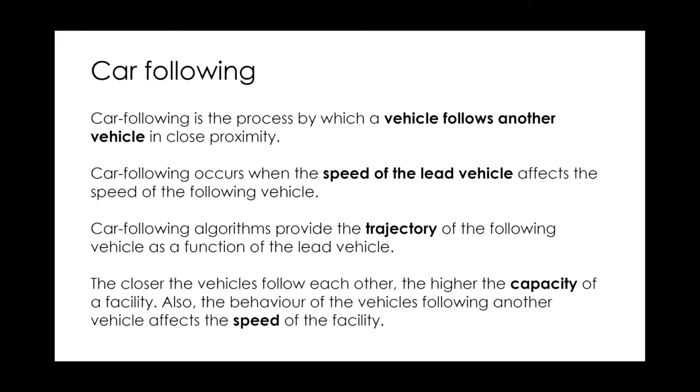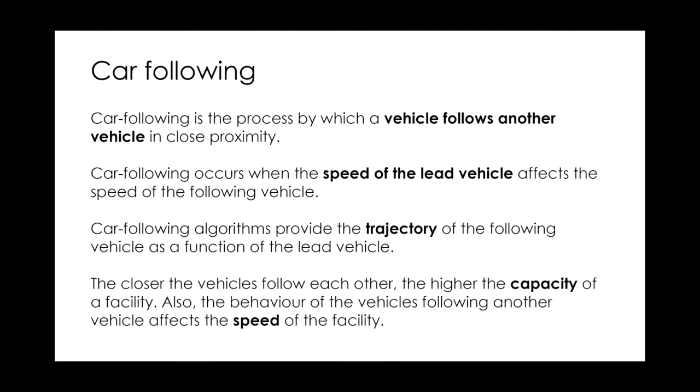We have a lead vehicle and a follower vehicle, and the speed of the follower vehicle, the acceleration of the follower vehicle, whether the driver pushes the brake or not, depends on how the lead vehicle behaves. If they're getting very close together, the follower vehicle may slow down. If the lead vehicle is accelerating, the follower vehicle may also start accelerating. So there is a very interesting interaction happening between the lead vehicle and the follower vehicle.